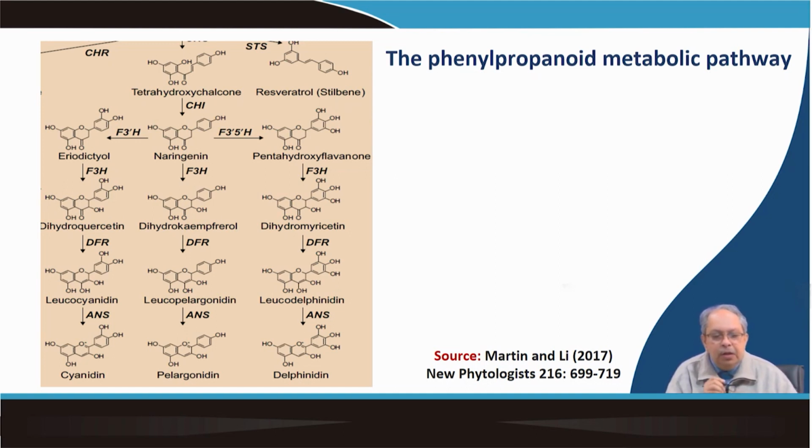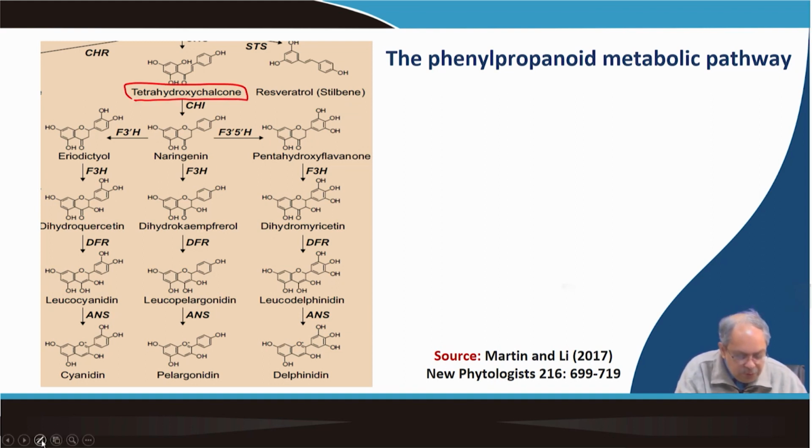As I said, chalcone synthase makes chalcone, which is tetrahydroxy chalcone. So, this is the structure of tetrahydroxy chalcone. Do not look at CHR here, CHR has no relevance particularly here, so you can simply cut it. STS also we are not discussing here, but the next step is that this is converted by chalcone isomerase, forming naringenin.